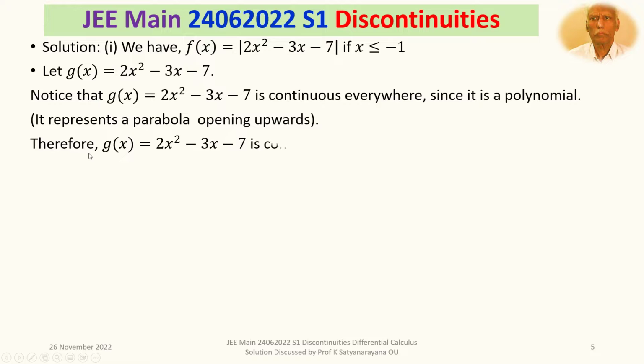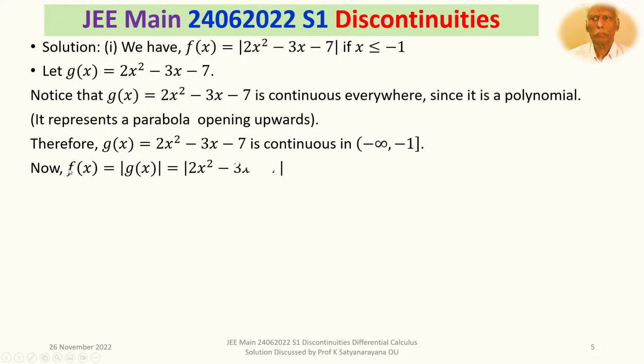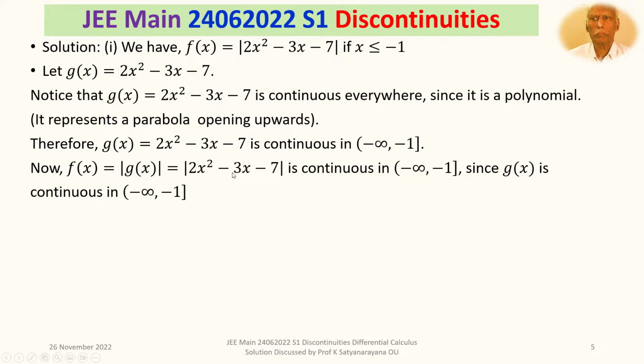Now, therefore, g of x, that is 2x square minus 3x minus 7, is continuous in the interval minus infinity to minus 1, where the minus 1 side is closed. Why? Because it is continuous everywhere, therefore it is continuous in this interval. So now f of x is equal to mod of g of x, that is mod of 2x square minus 3x minus 7, is also continuous in this interval minus infinity to minus 1.